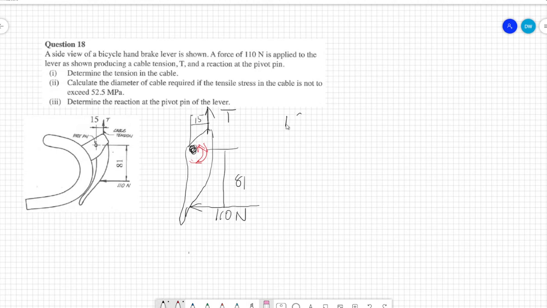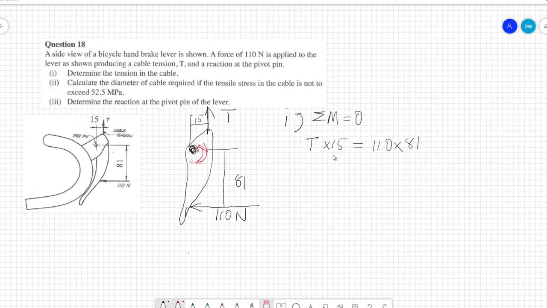First part one. If the sum of all moments equals 0, the thing is not spinning non-stop, it means the moment caused by T times 15 has to equal 110 times 81.